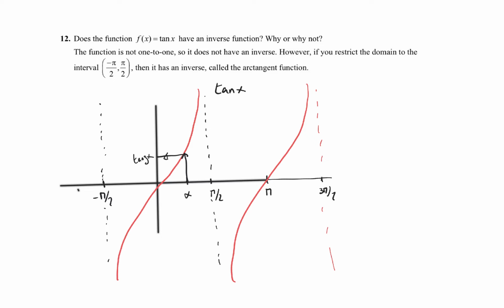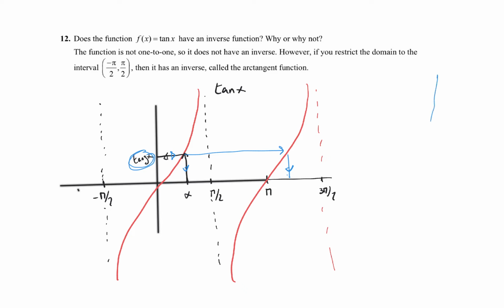We'll take the tangent of x, this number, and we put it in the x. The problem is that when you are here, you can go also here, and you can put the numbers in many places.